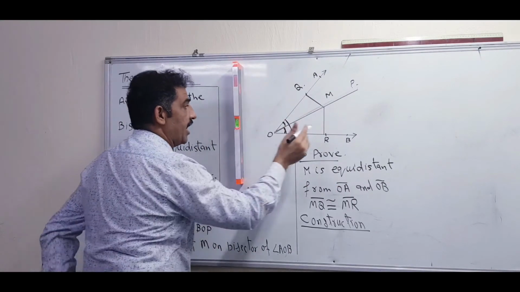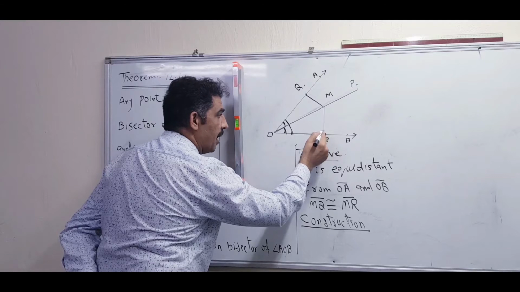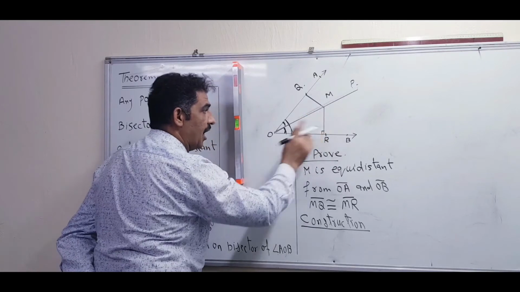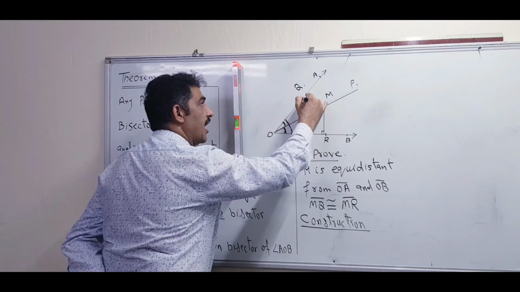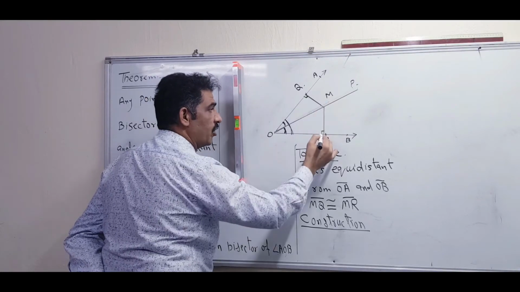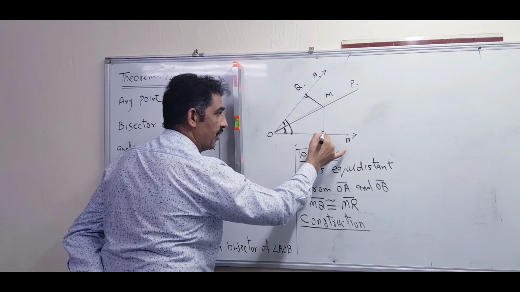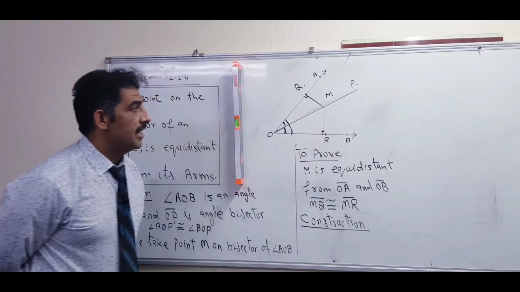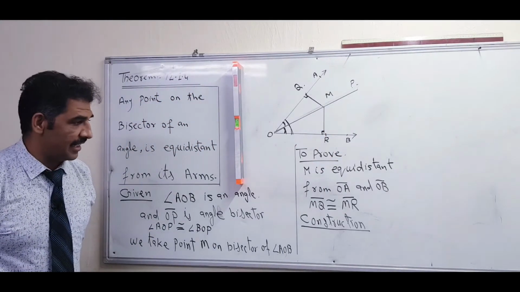So here in construction what we will say is that we draw perpendicular MR on OB and MQ, because this is the sign of a right angle, as I told you before. This box shape is the right angle sign.